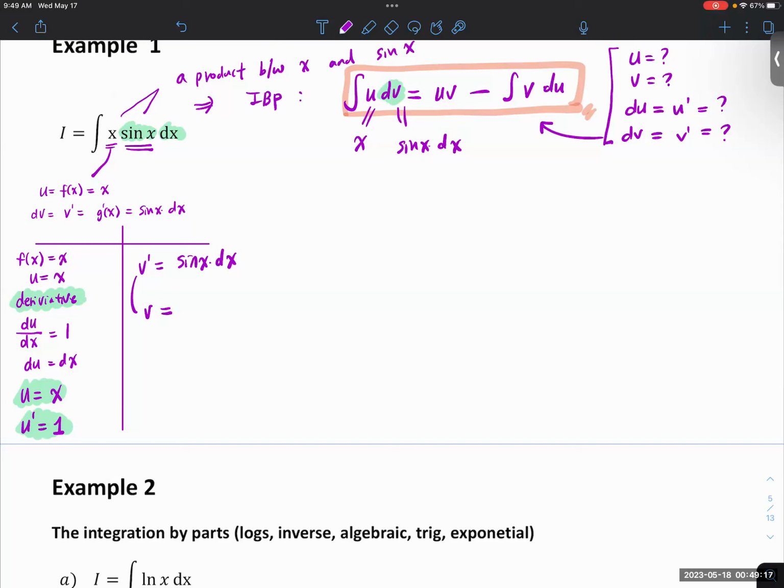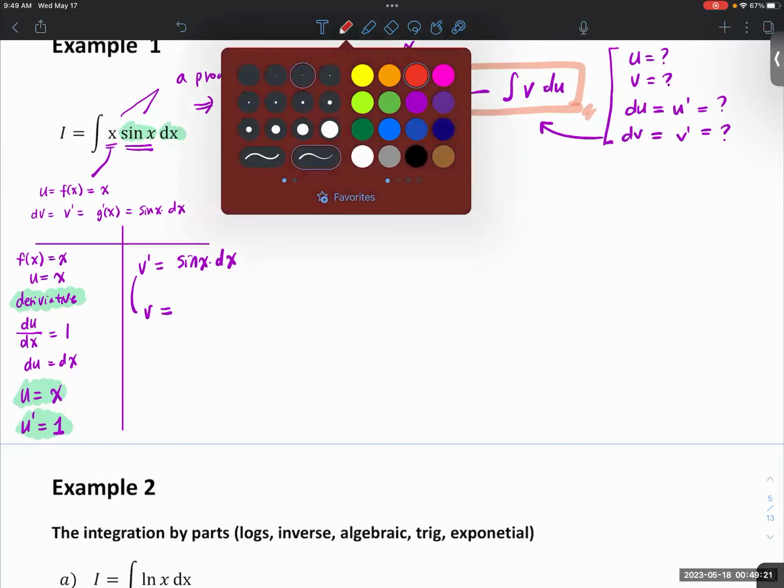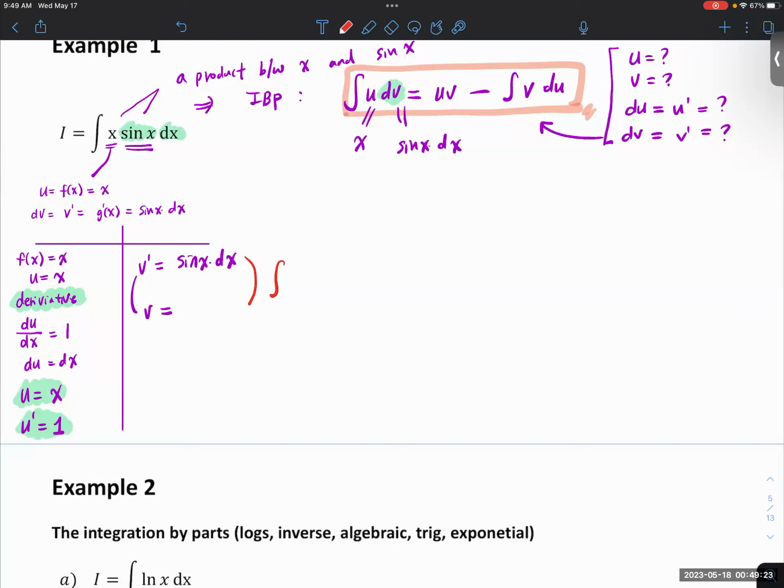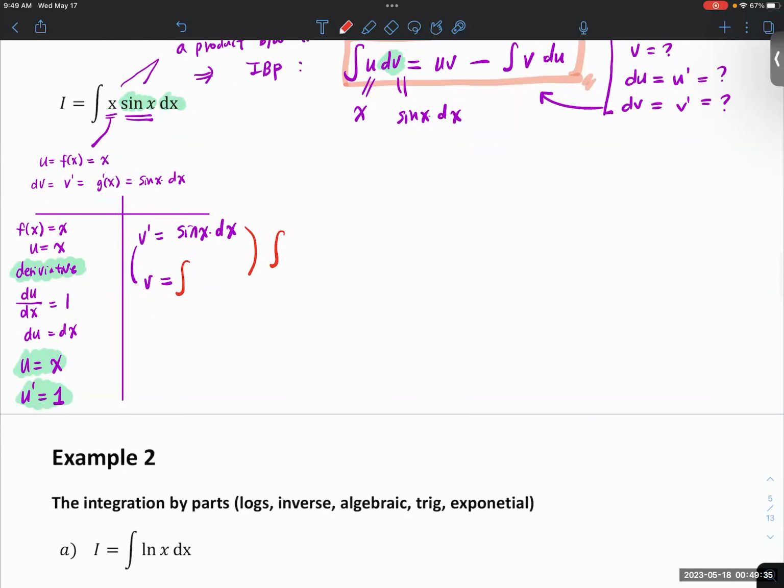To get the information of v from v prime, if you take the integral, you will get what v was. So one more time, v prime equals sine x dx. If you take the integral of sine x dx, you will get what v was.